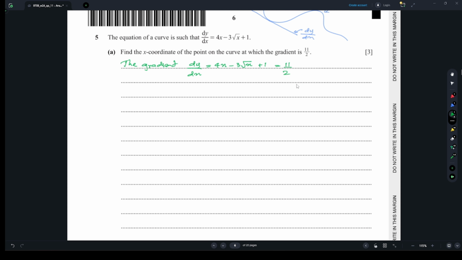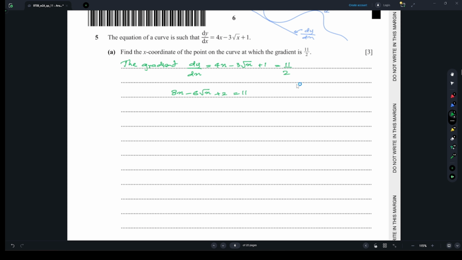So I can multiply all the terms by 2. So we have 8x minus 6 root x plus 2 equals 11. And so I want to find the answers for x. So how can we solve this one? For this kind of question, the problem is the root x.